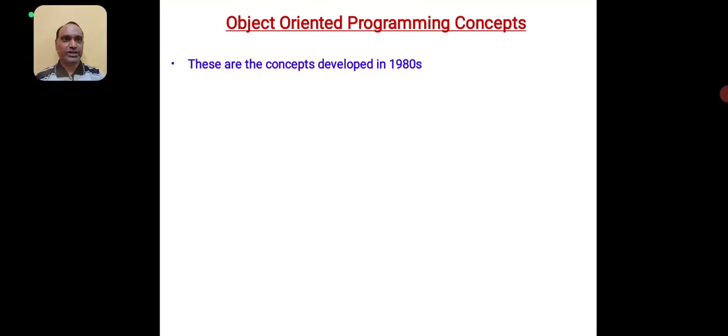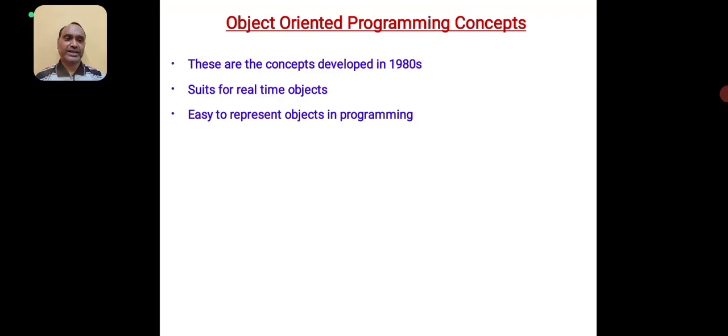These object-oriented programming language principles were developed in the early 1980s, and if any language makes use of these principles, it is suitable to develop a variety of applications, like real-time applications, internet-based applications, distributed applications, and network-based applications. A variety of applications can be developed if the programming language supports object-oriented principles.